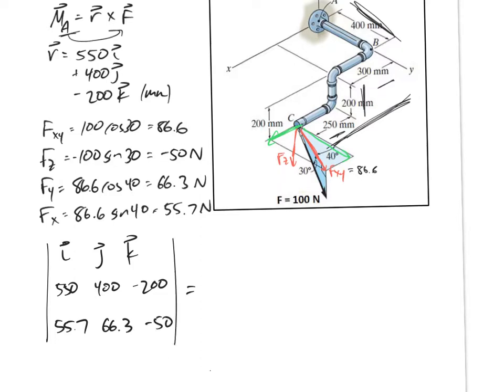Let me do the cross product the way I like to do it. Take the I and then do this minus that, right?